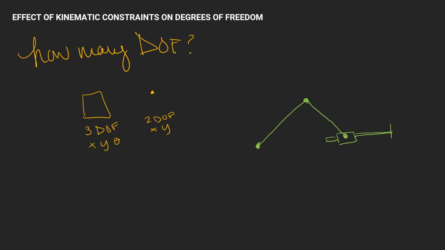It became quickly obvious just from looking at this that no matter what angle or configuration you put these links at with respect to one another, you will only ever generate movement of this point here in the x direction.